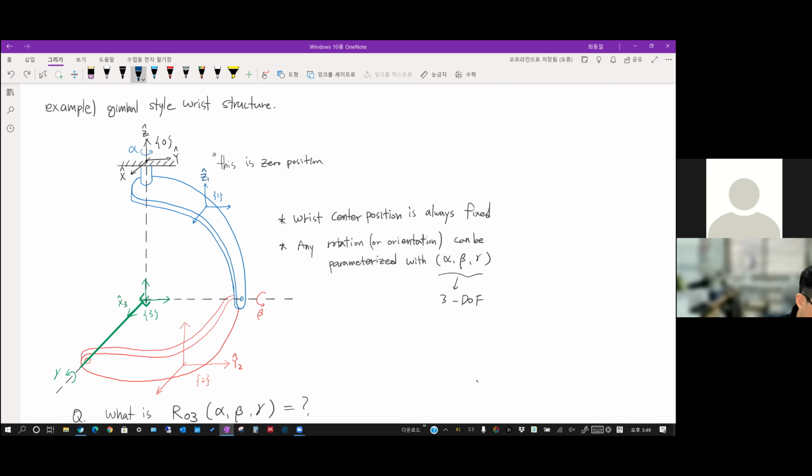Firstly, there is the alpha angle along the Z axis, and then there is the beta angle along the Y axis, and the gamma angle along the X axis.